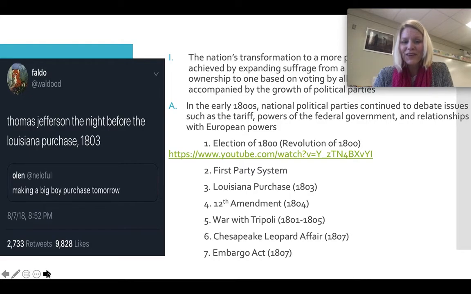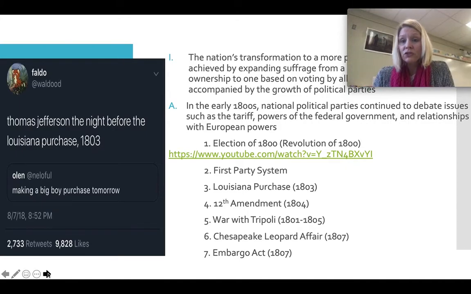So the election of 1800 is sometimes known as the Revolution of 1800. Now, if you think about what a revolution is, and we just went through the Revolutionary War, it's a complete change. It's usually over a long period of time, and oftentimes it might be accompanied by violence.